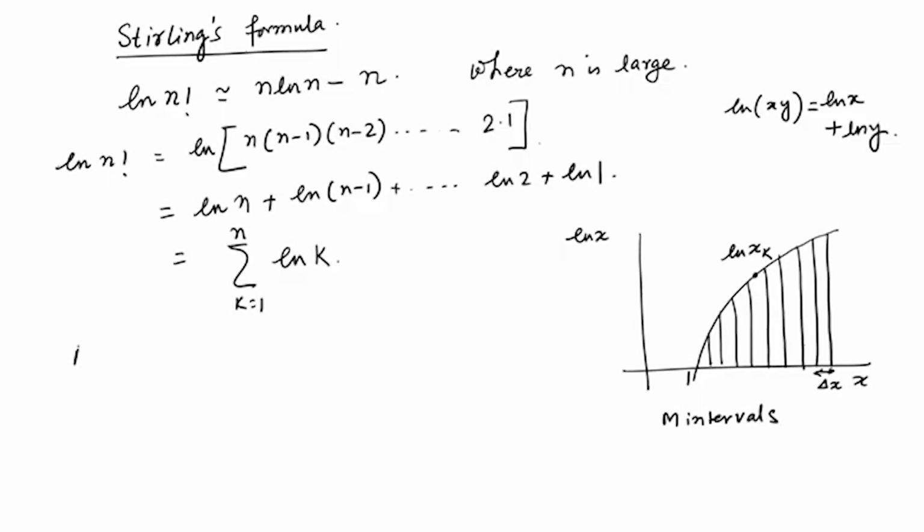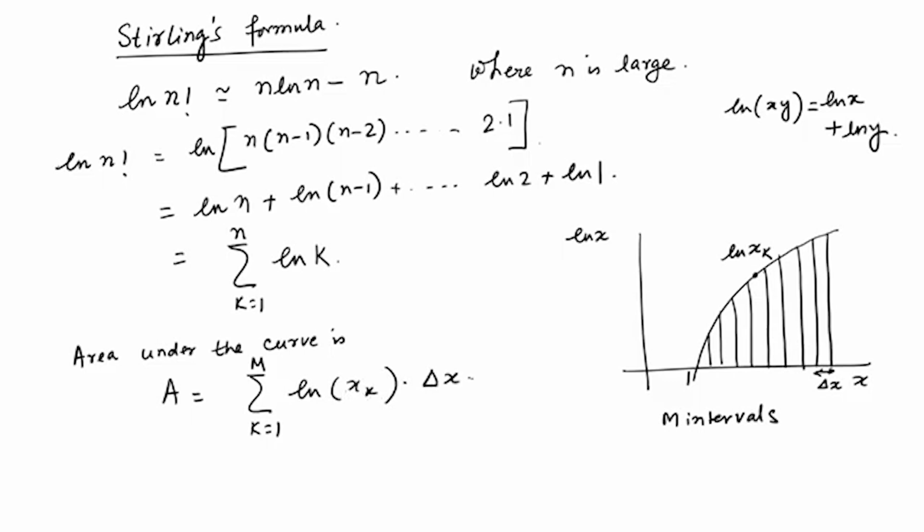So, the area under the curve, let us call it A, is equal to the sum k equal to 1 to m, m is the number of intervals as I said, of log of x_k multiplied by delta x, as you can see.